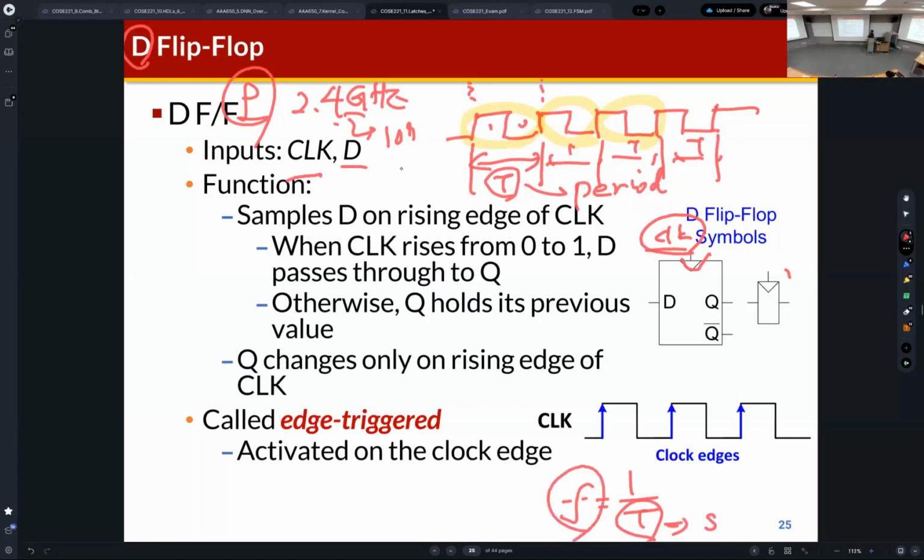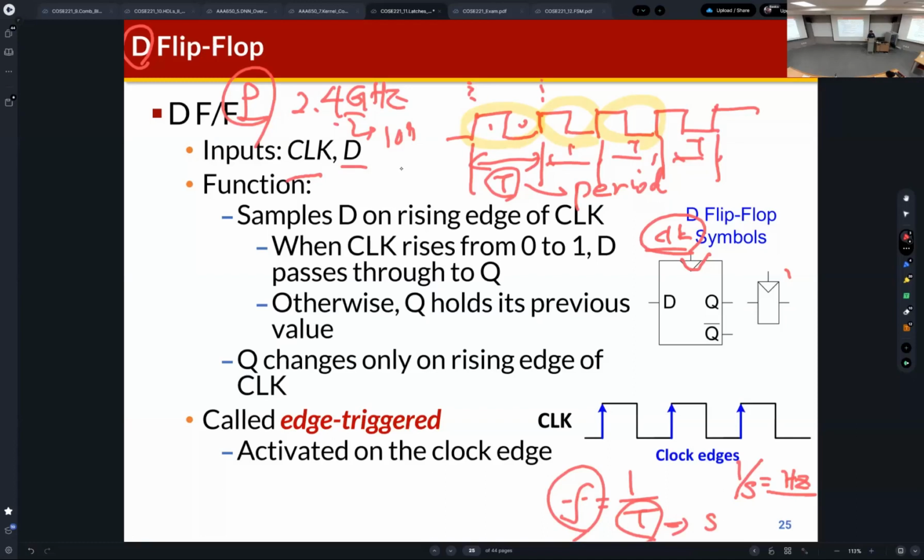So the unit of frequency is 1 over second, which is the hertz. The frequency represents how many times one period of clock is repeated: n times means n hertz.